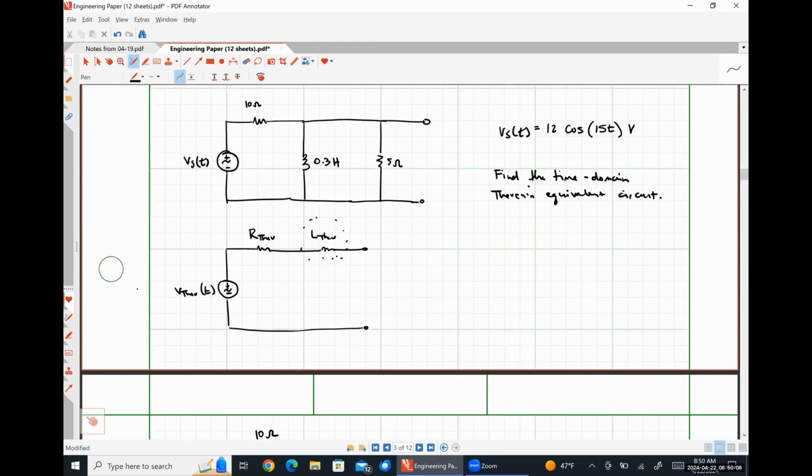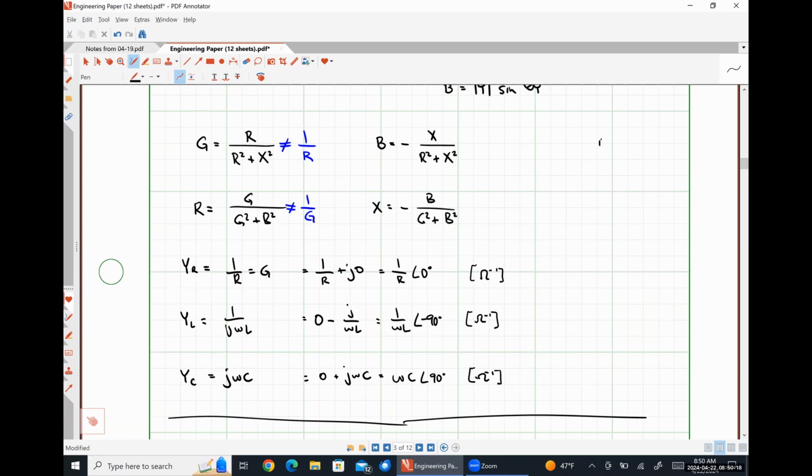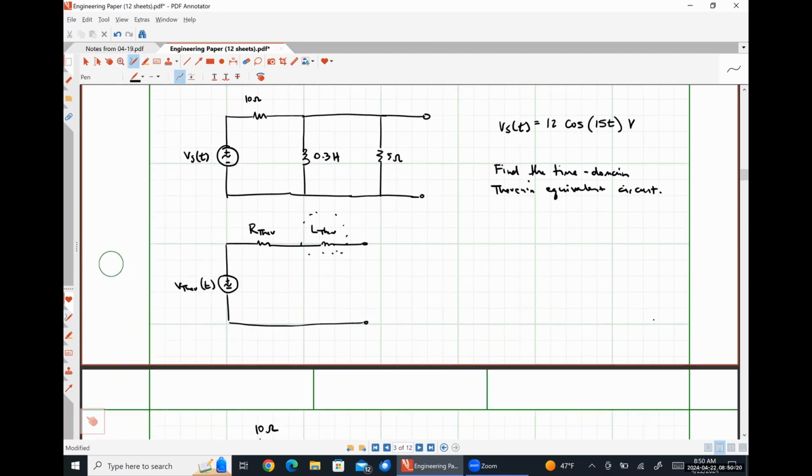The impedance of an inductor is j omega L. So what's omega? 15, right? Whatever is being multiplied by time inside of our cosine function is omega. So we have j times 15 times 0.3. What's 15 times 0.3?